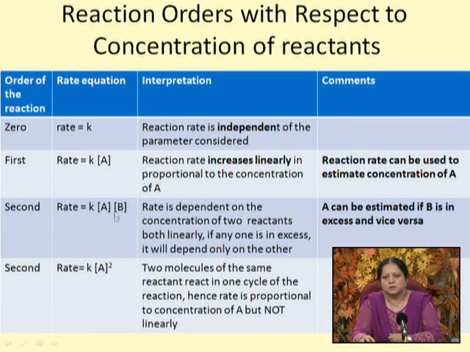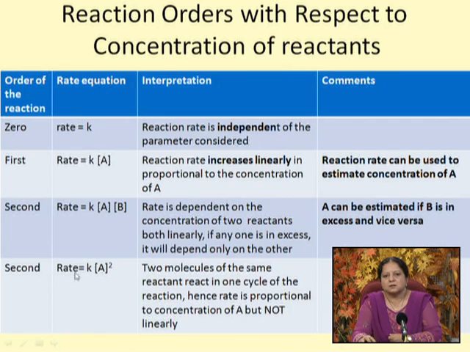If any one of them is in excess, if for example B is in large excess, it will become a pseudo first order reaction where it will depend only on the concentration of A, since B is in large excess. So that becomes a pseudo first order reaction, although it is a second order reaction in reality.